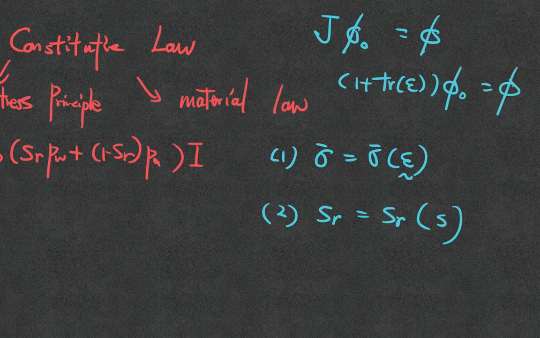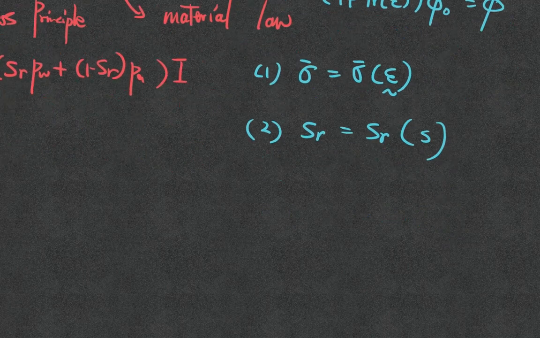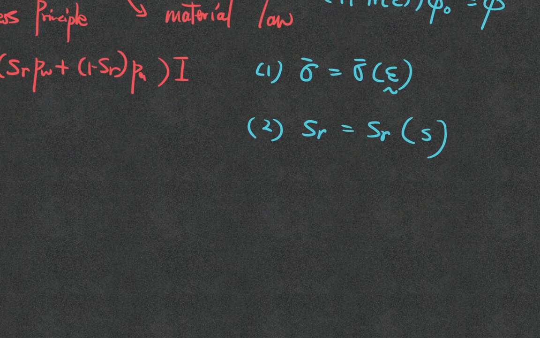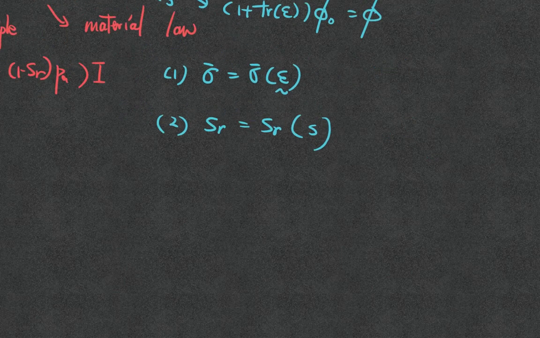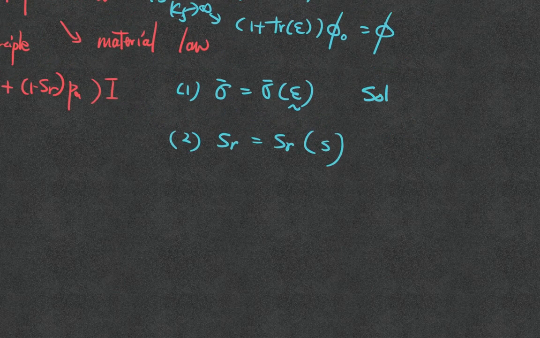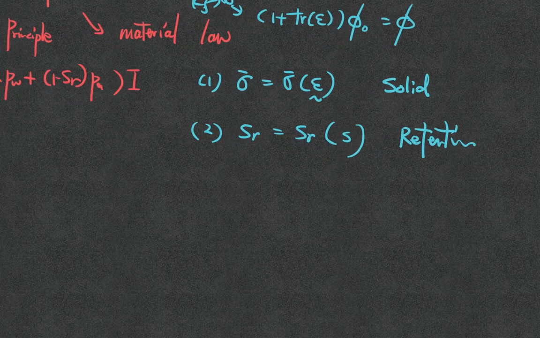Okay, assuming that Ks goes to infinity and Kf also goes to infinity. Anyway, so go back to this. Now this is the first equation, the solid constitutive law, and the second one is retention, which will tell you the relationship between the water and the air in the porous space. And then the third one is the fluid transport.